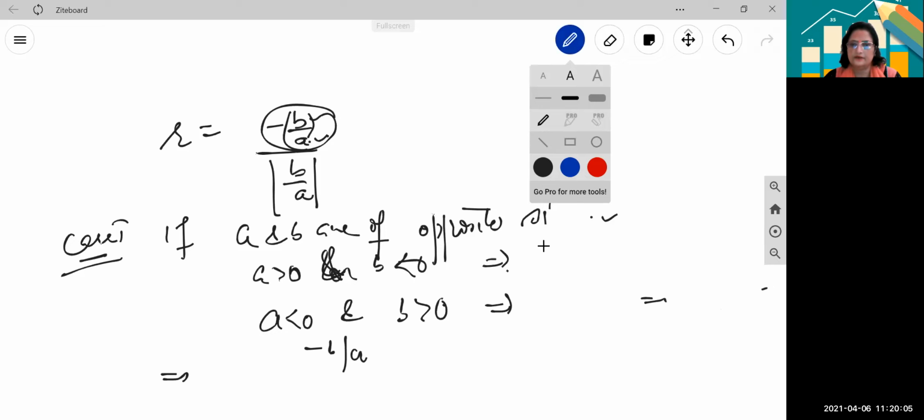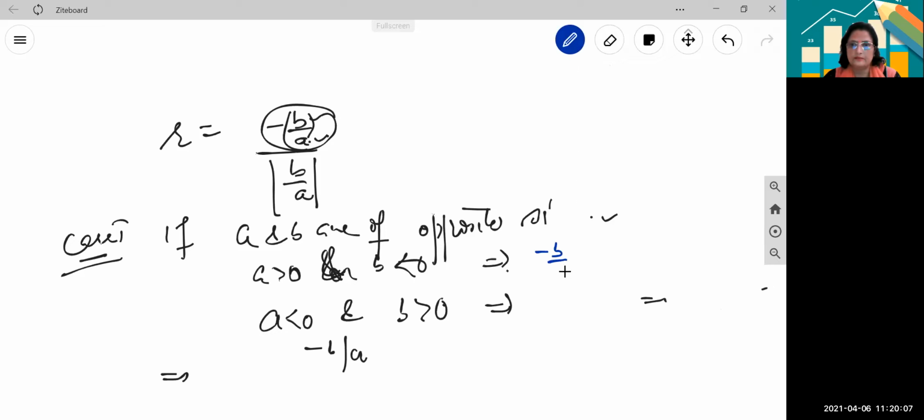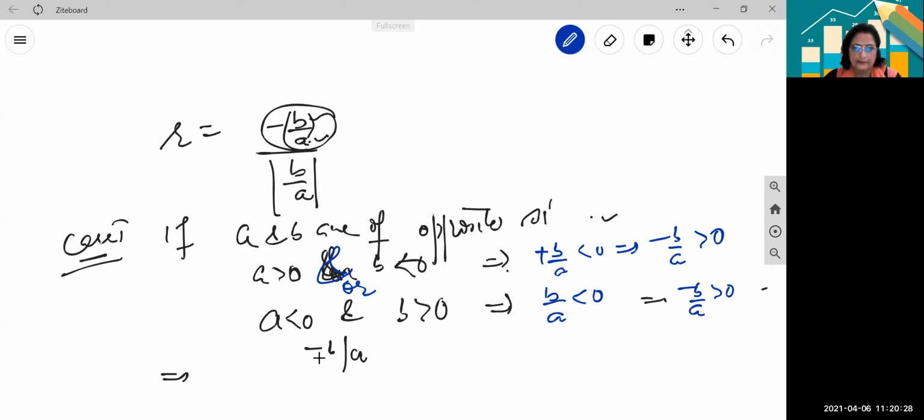So it implies we have minus b by a, here is plus, this is less than 0 implies minus b by a is greater than 0, right? And same here, and between these two, an 'and' will come. This is less than 0 implies minus b by a is greater than 0, and it implies minus b by a upon b by a.